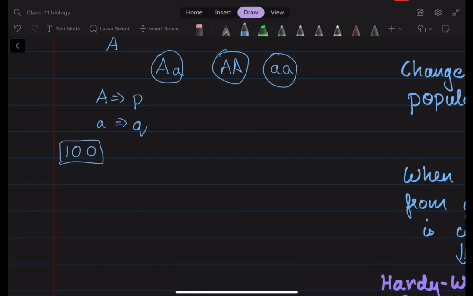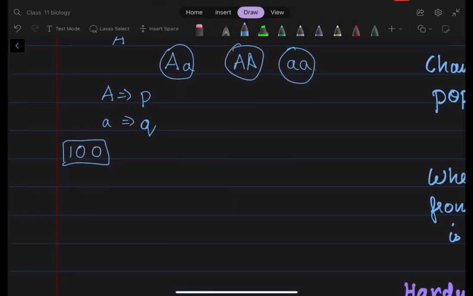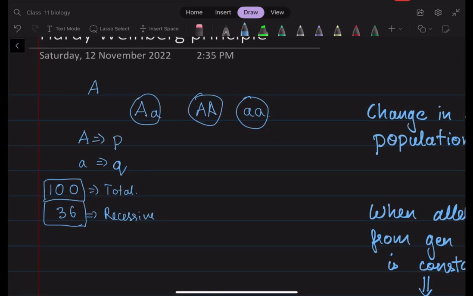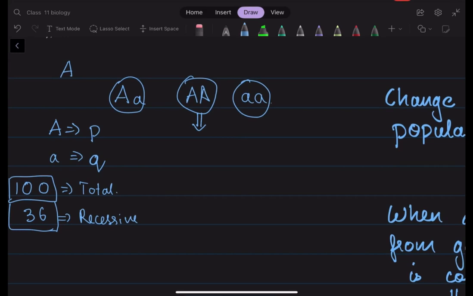And they have also given you the number of individuals having the recessive character. Let us say that is 36. So there are 36 members who have the recessive character, and in total there are 100 members in the population.